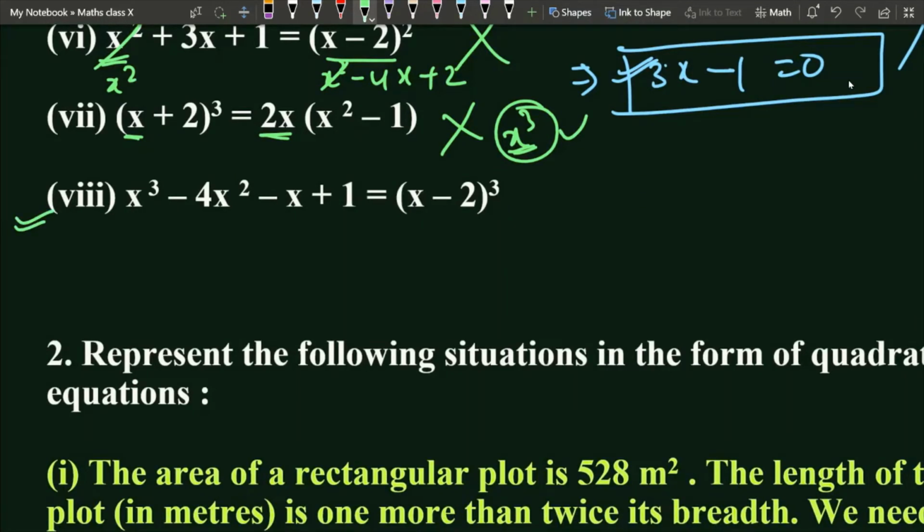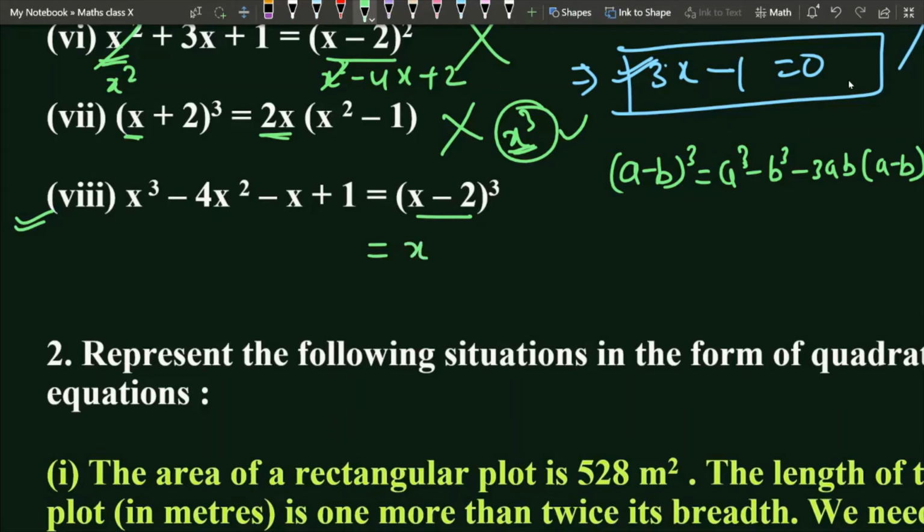Let us solve it. This x minus 2 whole cube can be written as a minus b whole cube. See, a minus b whole cube is nothing but a cube minus b cube minus 3ab times a minus b, or whatever, minus 3a square b plus 3ab square you can write, no problem.